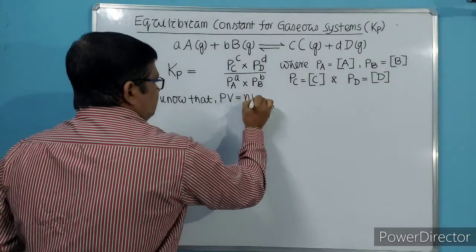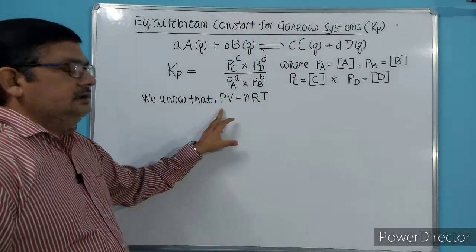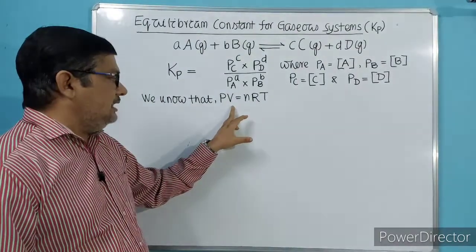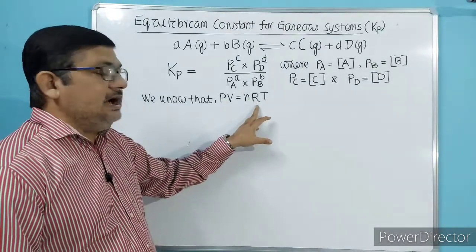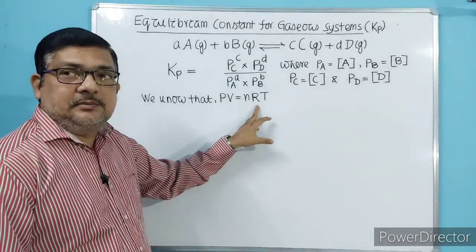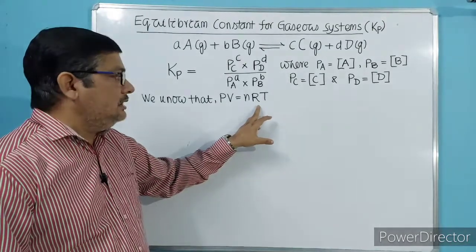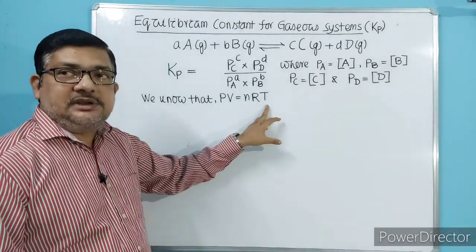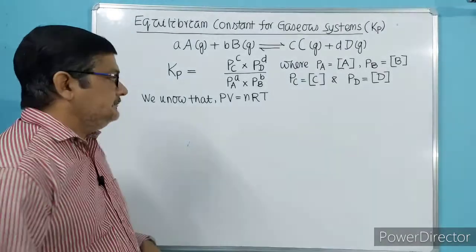From the ideal gas equation, we know that PV is equal to nRT, where P is the pressure, V is the volume in liter, n is the number of moles, R is the universal gas constant. You have to remember the value 8.314 joule per Kelvin per mole. T is the absolute temperature expressed in the Kelvin scale. So this is the ideal gas equation.